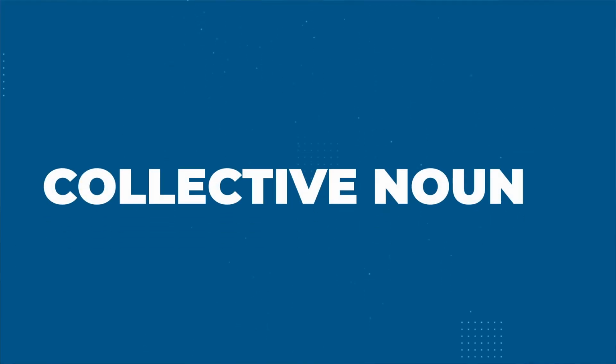Coming to the third type of noun, which we call collective noun. The name itself gives you the idea. Names given to a group of like objects, people, places and categories. For example, a school of fish, a pride of lions, a flight of stairs, a pile of books, a flood of work.